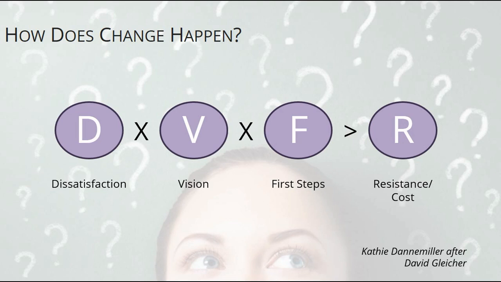But if we get that right, we start to really enable change to happen within an organisation, because we've started to address some of those barriers. And that will involve us having to speak to people and listen to them, understand the nature of the resistance, because we can't put a value on that and therefore make something which is of a greater value on the left-hand side of the equation unless we've understood what their concerns are, what their worries are, and why they think it may or may not work.